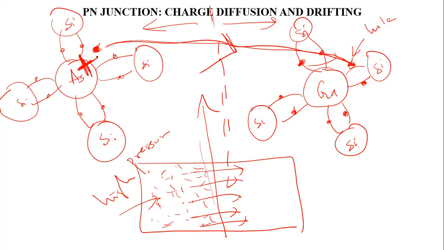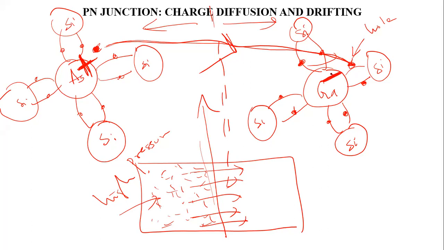We know that, right? Now this gallium, a trivalent atom, will gain one free electron from the neighboring arsenic atom, the pentavalent atom. After accepting one free electron, this trivalent atom becomes a negative ion.